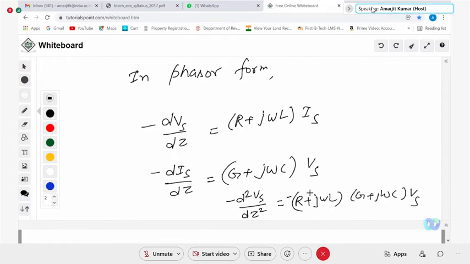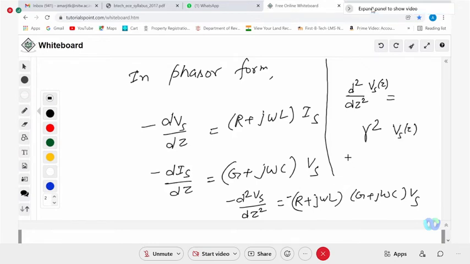So minus minus will cancel. So basically we now have d square upon dz square V_s(z) is equal to R plus j omega L into G plus j omega C, so gamma square V_s.